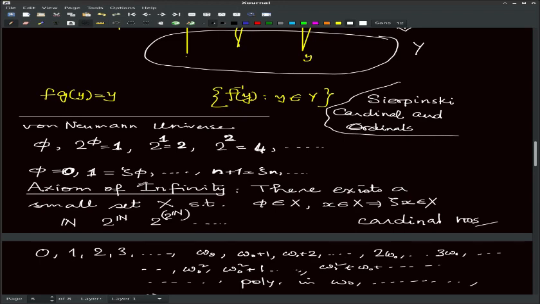Sierpinski is definitely not a textbook.